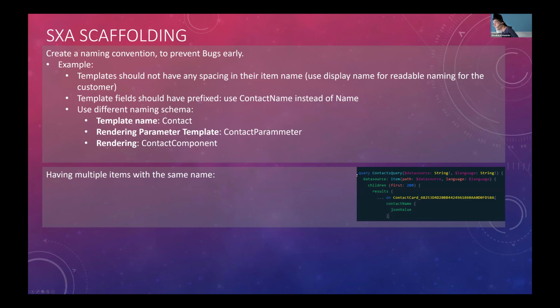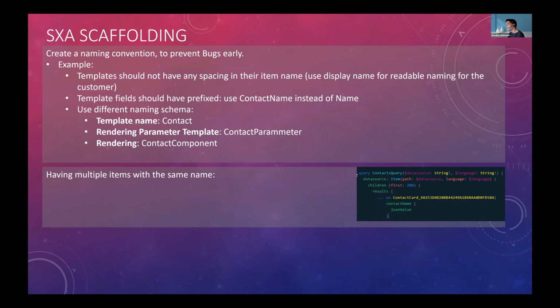The next topic is about the naming convention. I really suggest to create some naming convention at the beginning of the project. And in the best case is that you just create some PowerShell modules that facilitate the module creation process.